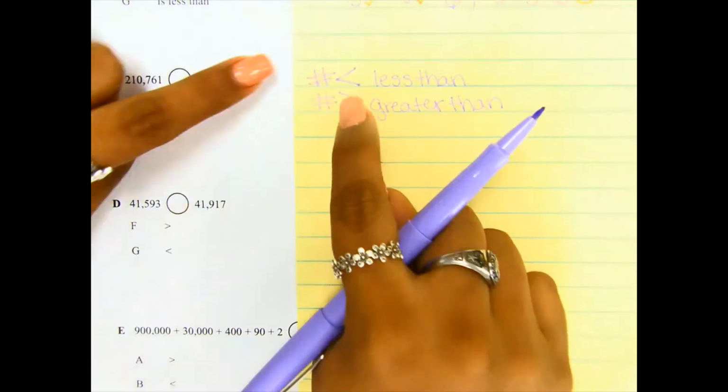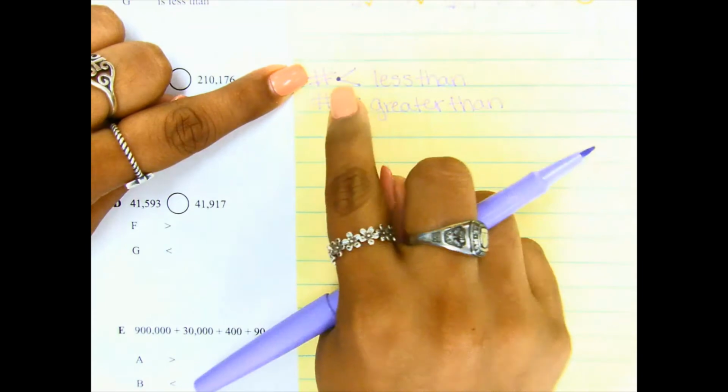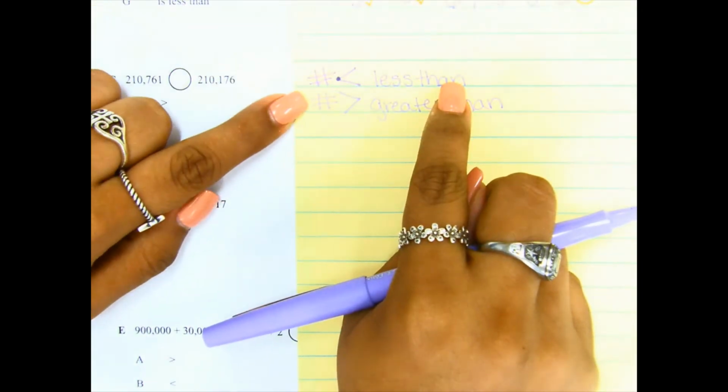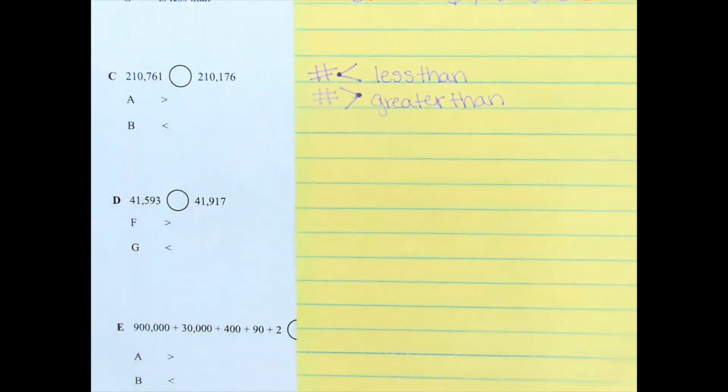So can you see here that when there's a number and it's here on this dot, that means it is less than. Here I have this number and the mouth is wide open. I know it is greater than. So we're going to do the same process we once did. And we're going to compare these two numbers.